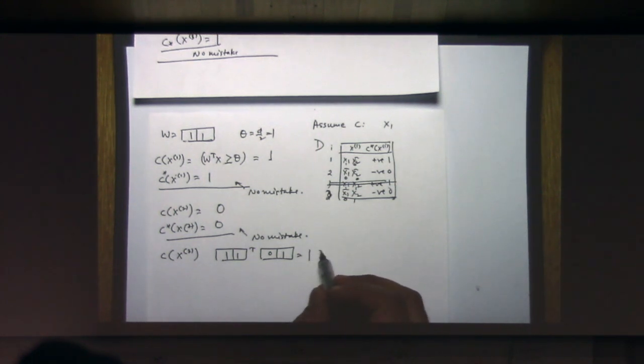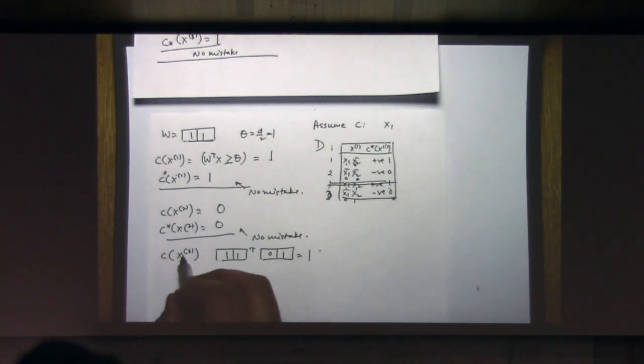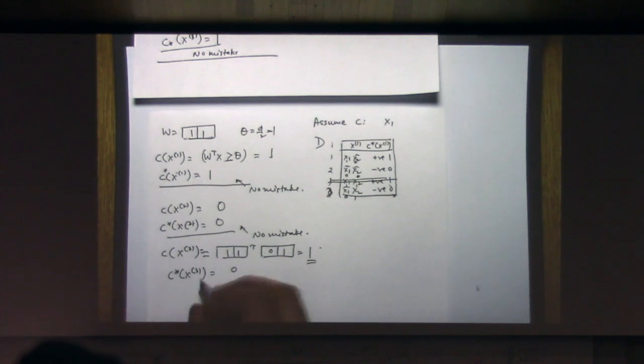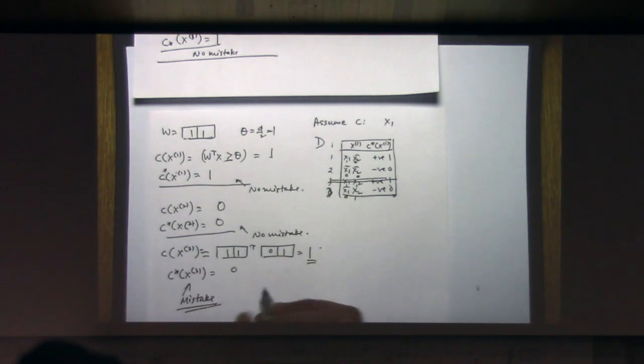Now 1 is greater than or equal to 1, so C of x3 will be equal to 1. However, C star of x3 is 0, right? So that's where the mistake is, which means that we need to update our weights.